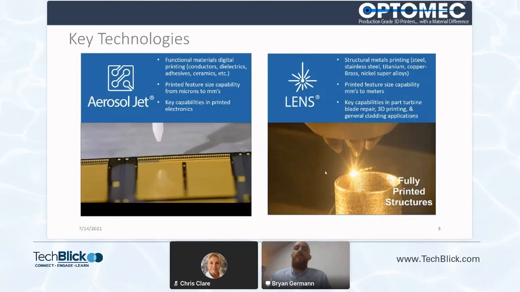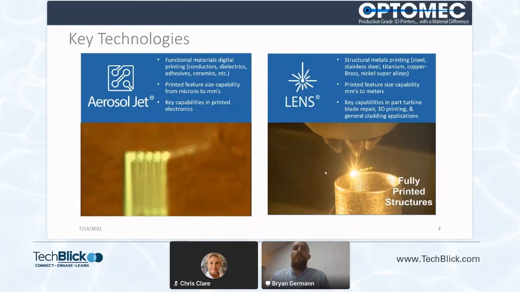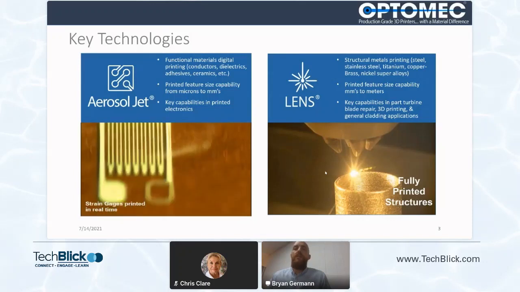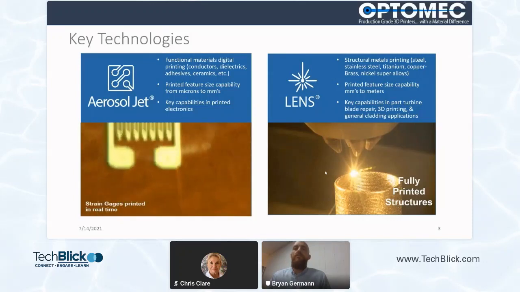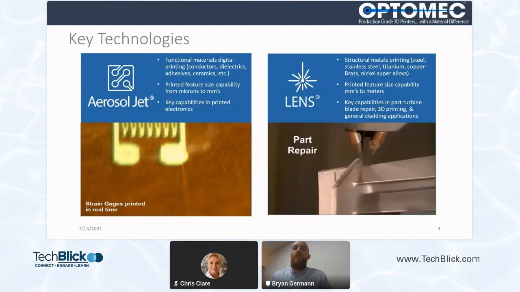You can see in this video right here, we're printing silver nanoparticles from 3 millimeters off the surface of the part at a resolution of around 30 microns. This provides an up-close display of what it looks like to print a strain gauge. A lot of the applications are primarily in printed electronics.